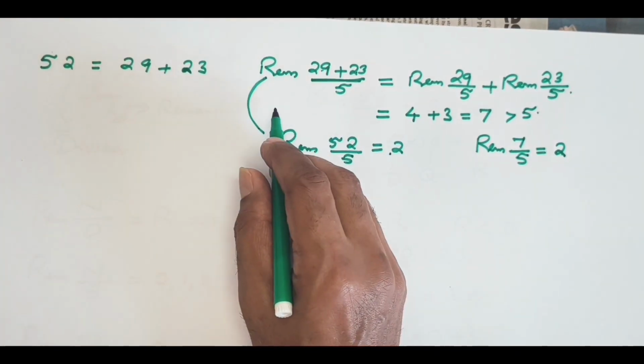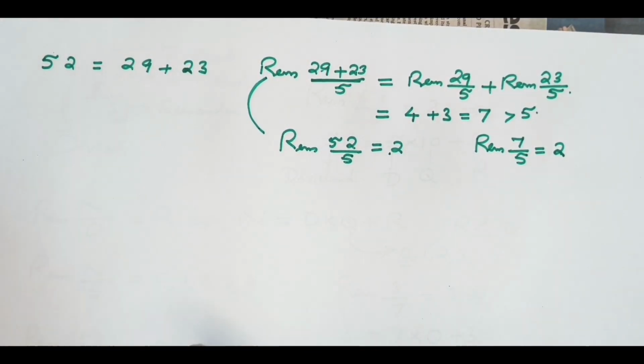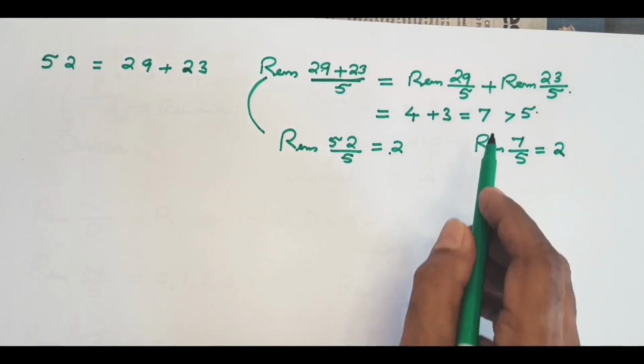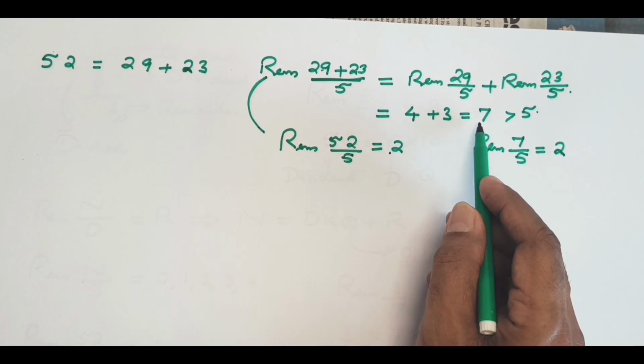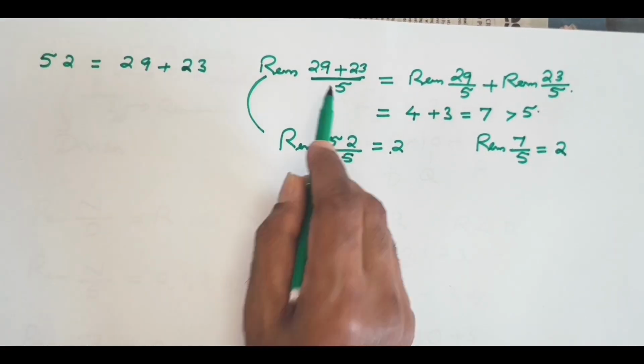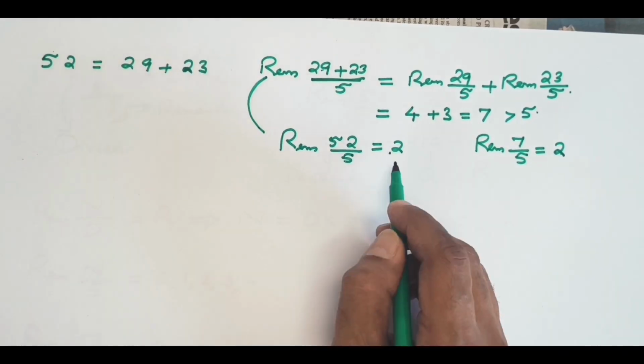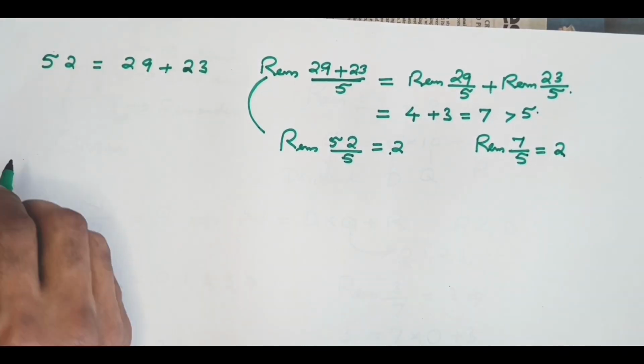This is the condition I set. When applying the result I showed you, there are cases when you will be getting a number bigger than the divisor. In that case, you don't stop there. Like we had here, you will further divide whatever remainder you get by the divisor given, which is 5 in this case, until you get it reduced to a small number which is less than the divisor. That is the condition.